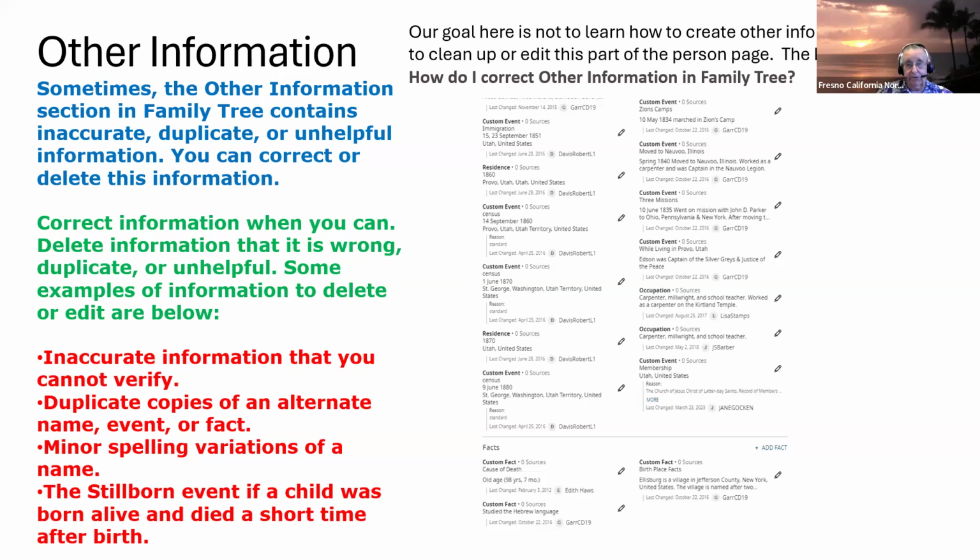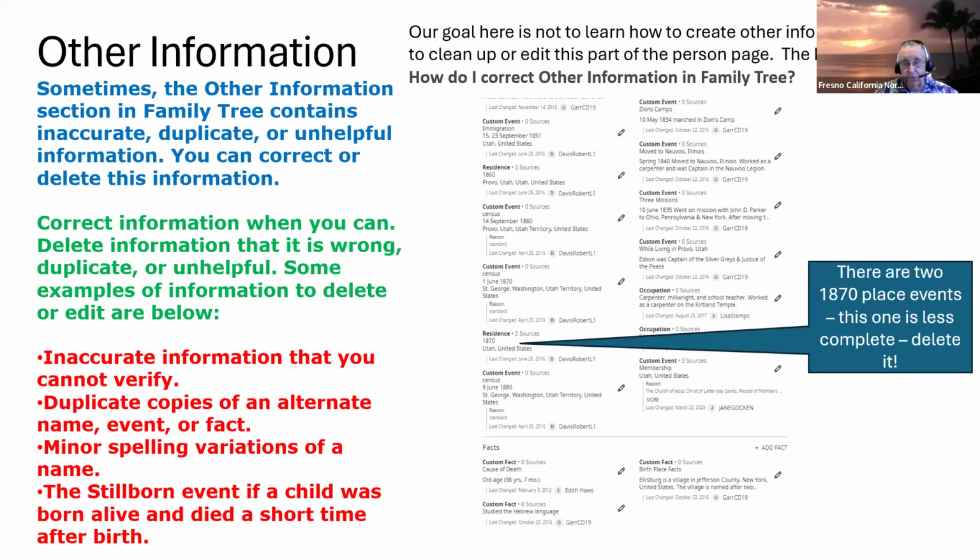So I went looking at this person's events especially, and I discovered there's two for the 1870 census. There's this one that just says 1870 Utah, and then right above it there's another census event for the 1st of June 1870, which must have been the date of the census, and it shows where the person was living at the time.